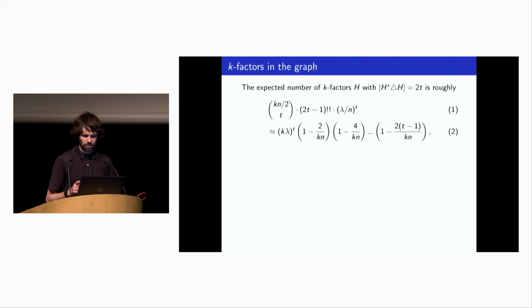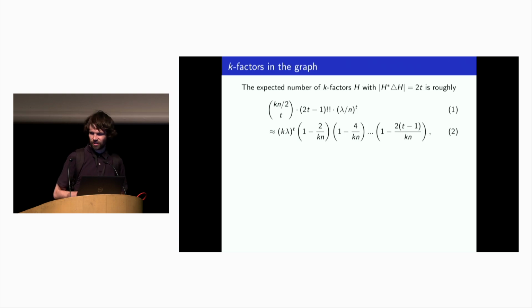So we would have 2T minus 1 options for the first, 2T minus 3 options for the second, and so on. And then for any choice of these pairs of vertices, there's a lambda over n to the T probability that all of those pairs of vertices actually do have edges between them. And this is roughly equal to K times lambda to the T times a decreasing function of T corresponding to us running out of options.